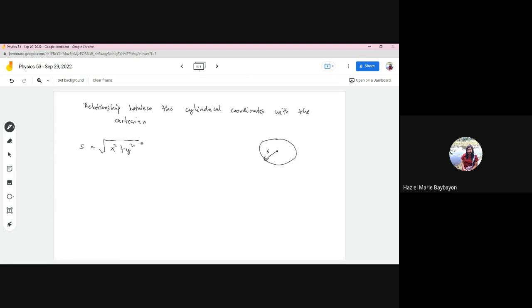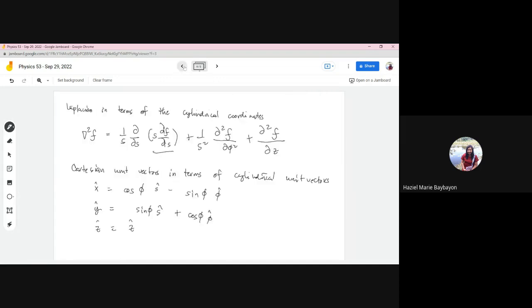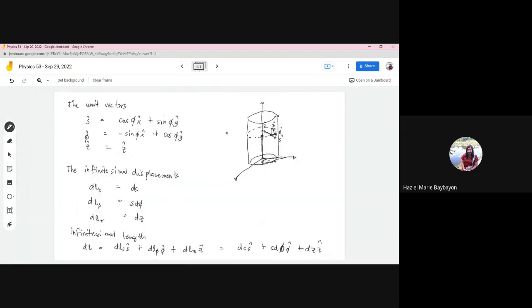Since your cylinder is along the z-axis, this one is in terms of the x and y coordinates only. Going back to the drawing earlier, this is your s.